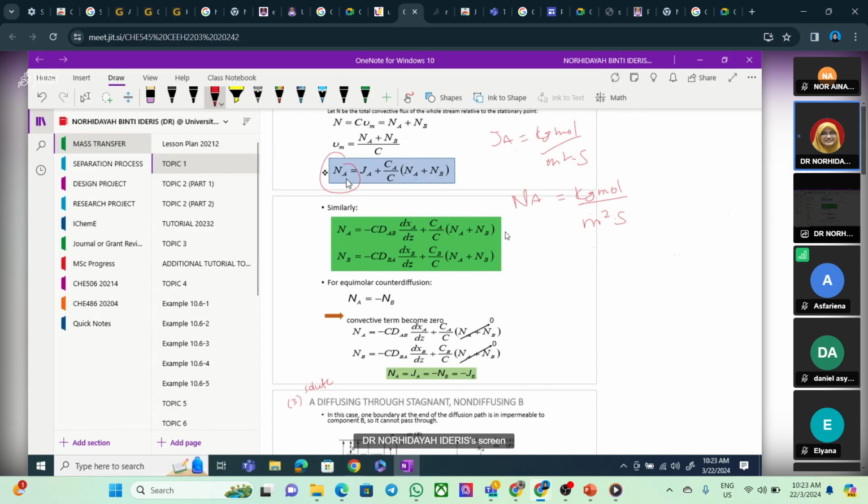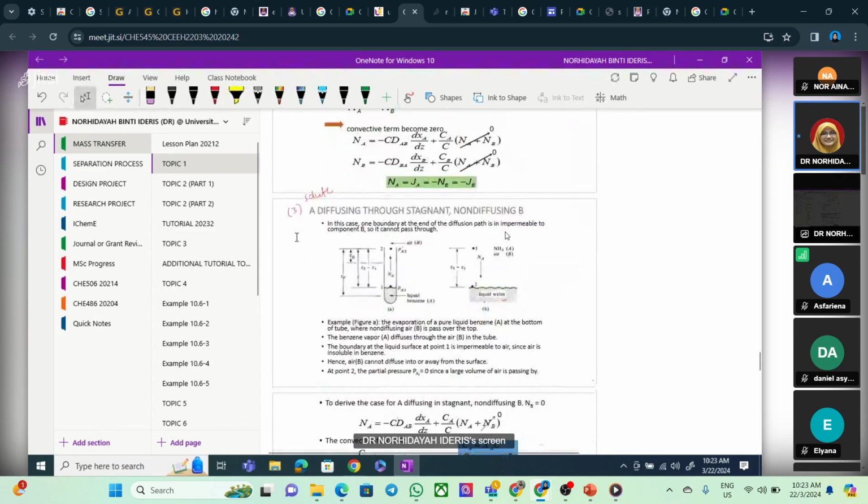Okay, the first one, I go a bit fast because we will have a later balance in an hour, so you can watch the video. Alright, the third subtopic under molecular diffusion in gases is about solute A diffusing through a stagnant non-diffusing B.